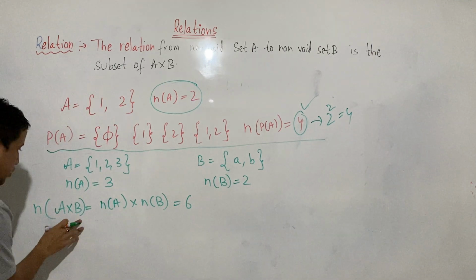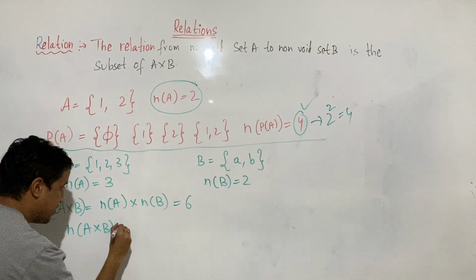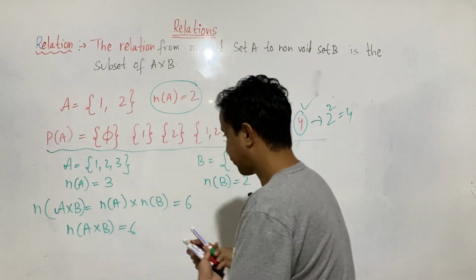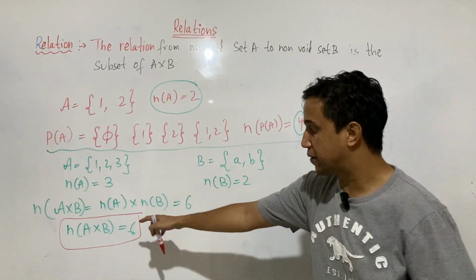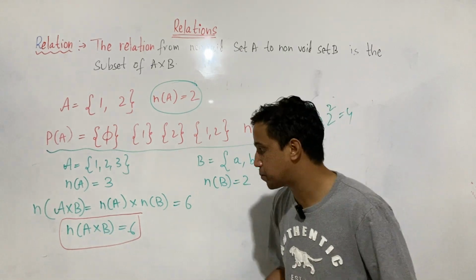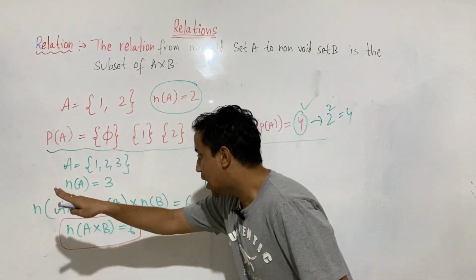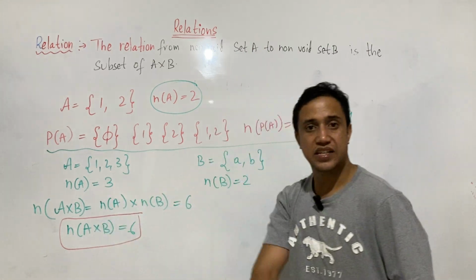Now I know that A cross B is a set of ordered pairs, and here I have 6 elements in the set.